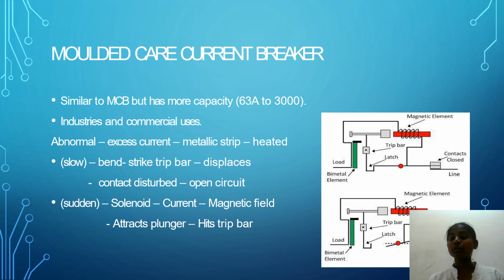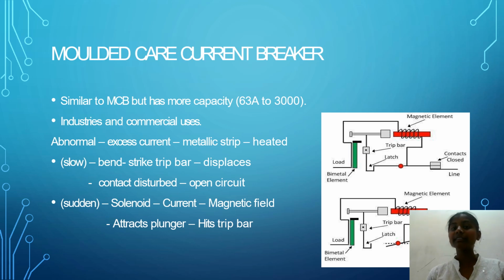But in case of abnormal condition, that is, whenever there is current leakage, current overload or a short circuit situation, what will happen? In abnormal condition, there are two categories.